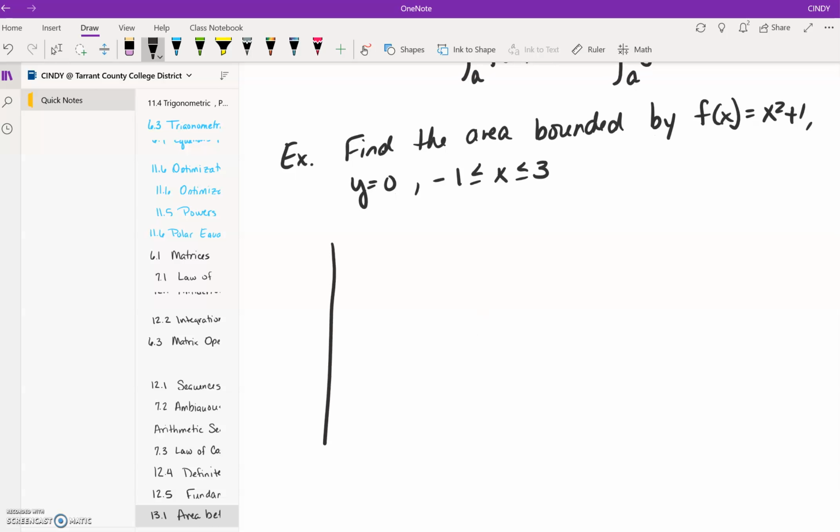So this curve looks like this. Let's say 1, 2, 3, 4, and -1 over here.